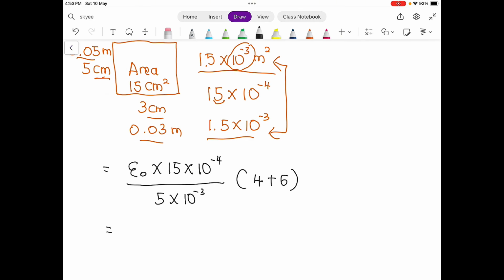It is 10 multiplied by 4 multiply 15 minus 4, and divide 5 minus 3. So the answer is 2.65 times 10 power negative 11 farad. So this is the capacitance.